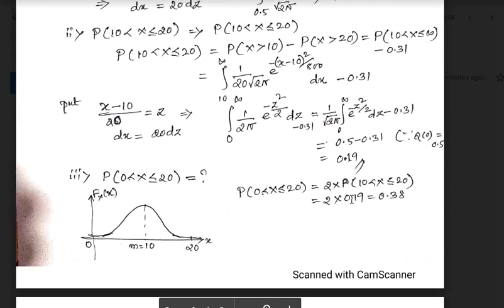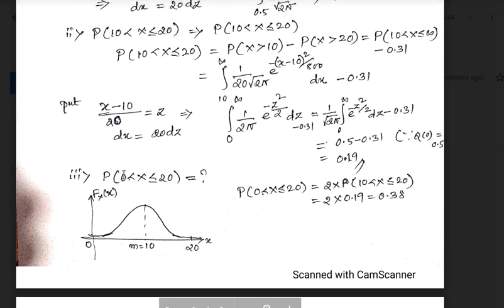Everything remains the same, 1 divided by root of 2 pi e to the power of minus z squared by 2 dz. But integration from 0 to infinity makes this Q of 0, and the value of Q of 0 is 0.5. So 0.19 is the answer.